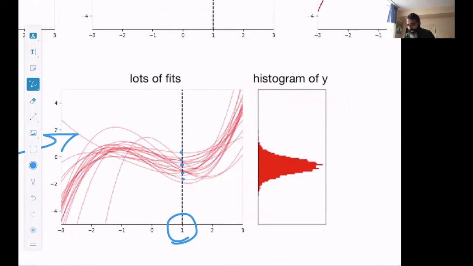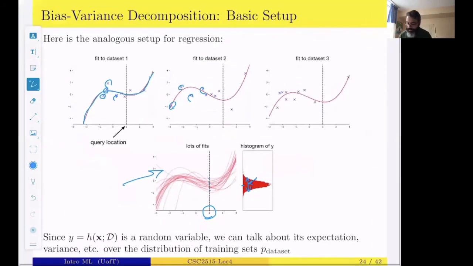We see that there is a distribution concentrated around some mean, but there is some variance around it. What we want to talk about is, first, where is this mean, this expectation of the estimators at that point, and second, how much variation we have here. That will be the variance part.